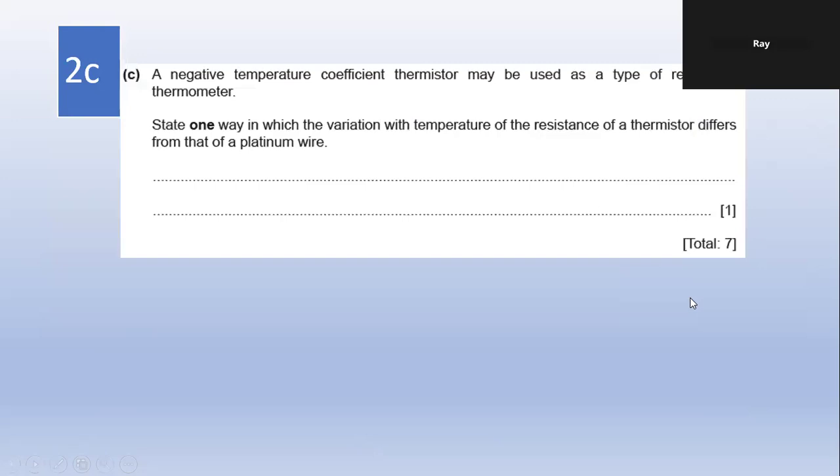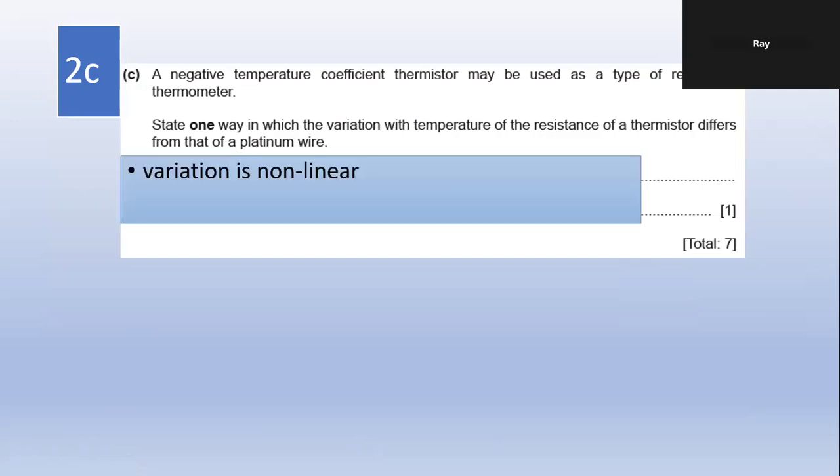A negative temperature coefficient thermistor may be used as a type of resistance thermometer. State one way in which the variation with temperature of the resistance of a thermistor differs from that of a platinum wire. The thermistor resistance decreases with increasing temperature.